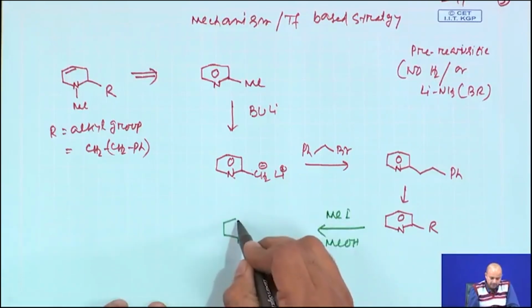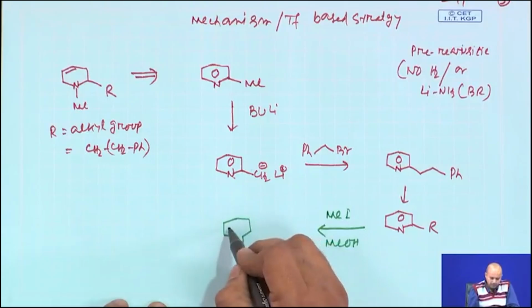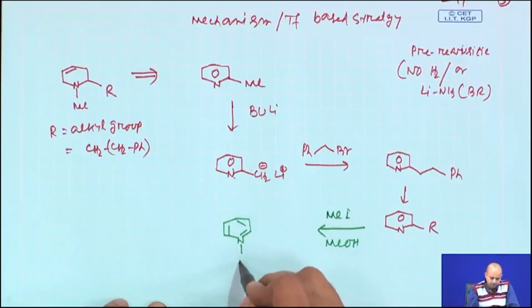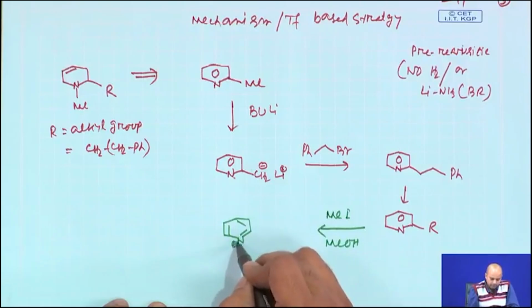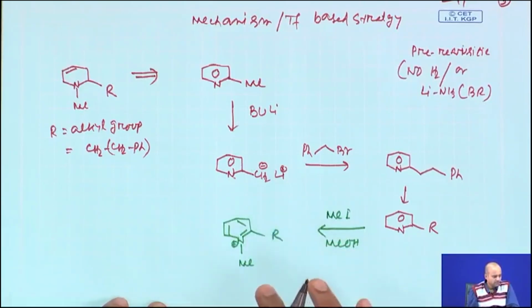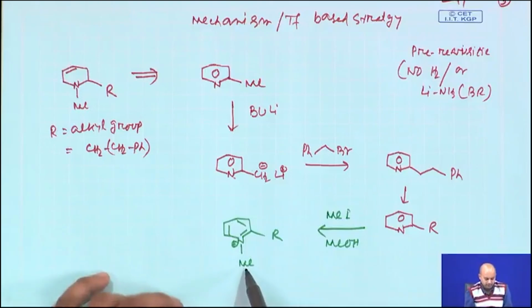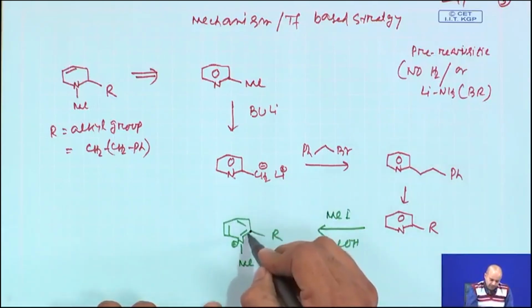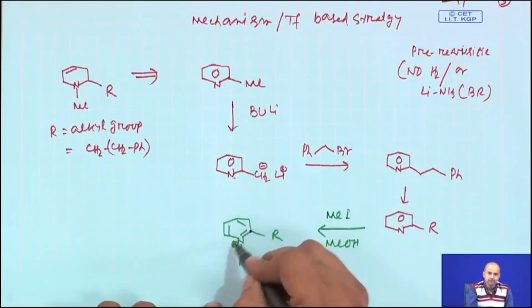It basically gives a quaternary ammonium salt or quaternary pyridinium salt. So, now nitrogen is plus. These remain similar. Now, eventually this species, if you have a close look, is basically an iminium species. This particular C double bond N is basically an iminium species.